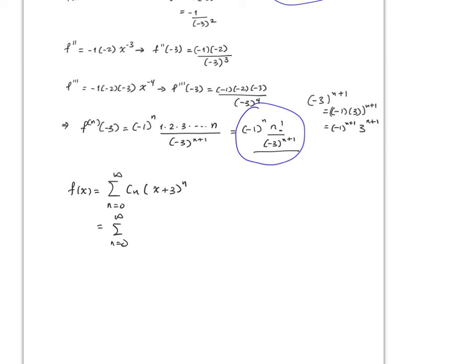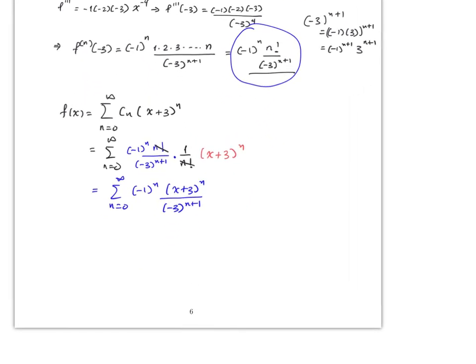So that's going to be minus 1 to the n factorial divided by n factorial. So the factorials will cancel, and then times (x plus 3) to the n. So therefore this is the sum of minus 1 to the n times (x plus 3) to the n over minus 3 to the n plus 1. And again, you can simplify this more, but for now this is okay.